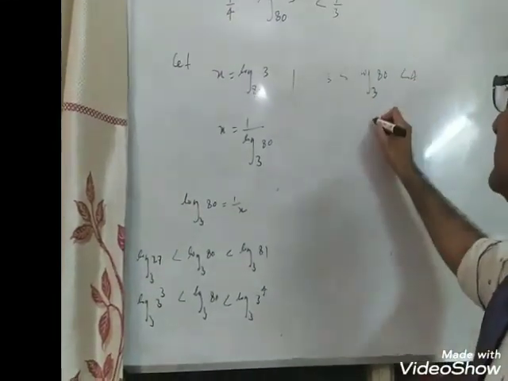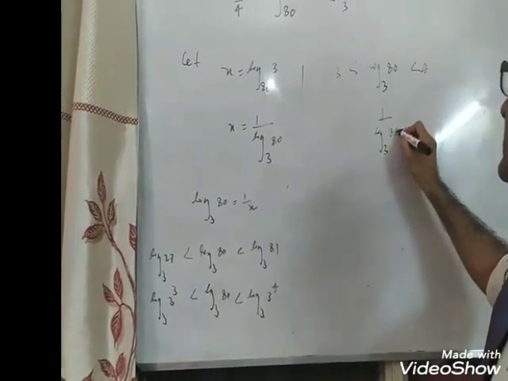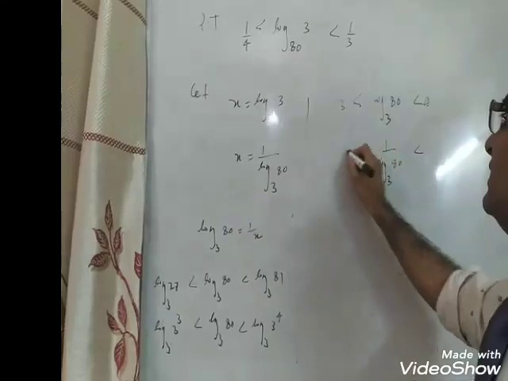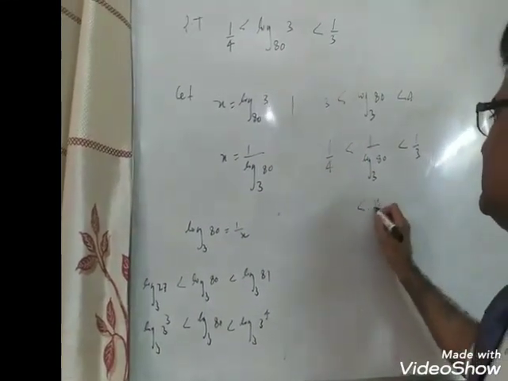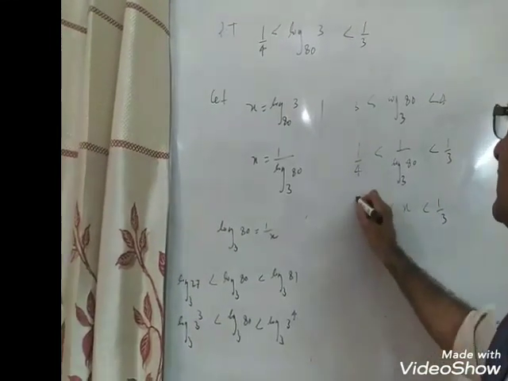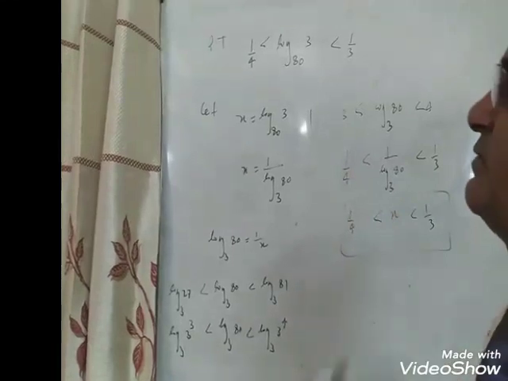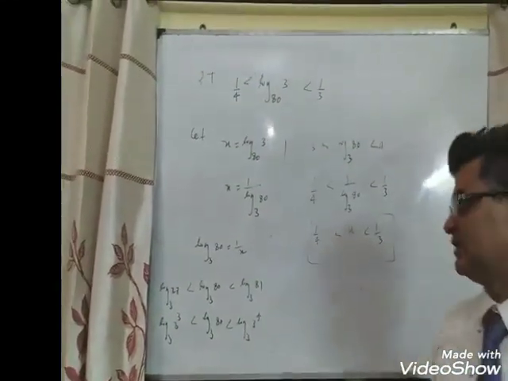So we are just reciprocating it. So x lies in between 1 by 3 and 1 by 4. In this way we can find the interval in which the value of this logarithm lies.